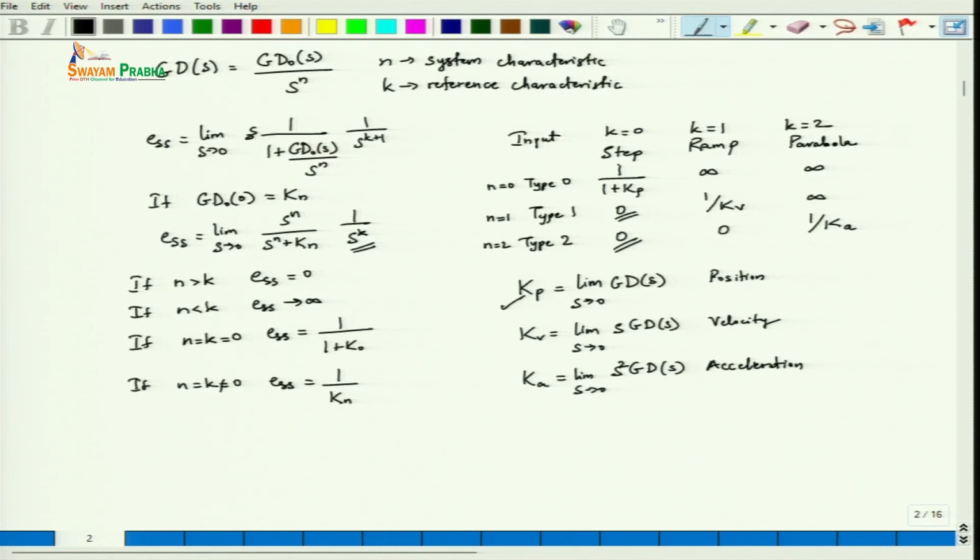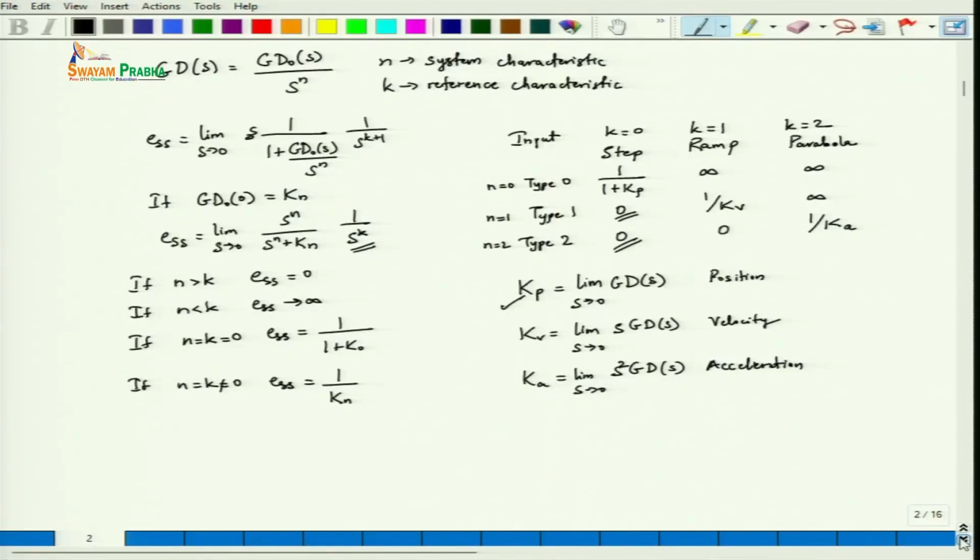So this table helps us understand, for any given polynomial reference such as step, ramp or parabola, what type of system will give us 0 steady state error, what type of system will give us a steady state error which tends to infinity, or some constant, and what is the value of that constant.